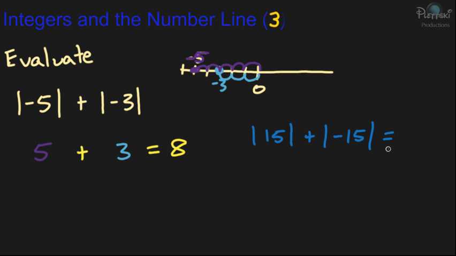Okay, what is this going to equal? Well, the absolute value of 15, and I'm not going to draw the number line for this one, is just 15. And then the absolute value of -15, well, that's also 15. So the absolute value of 15 plus the absolute value of -15 would just be 15 plus 15, which is 30. And that would be your answer.